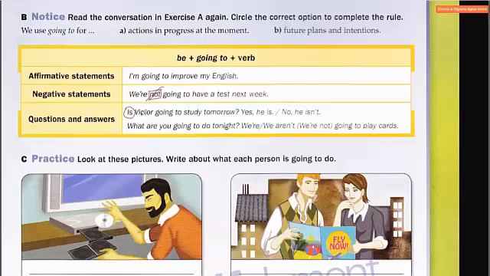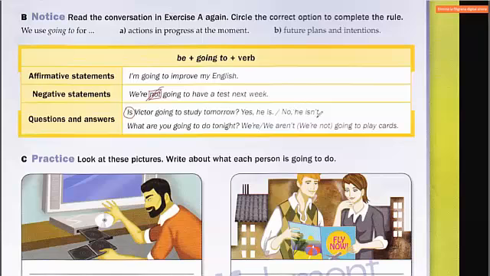Because if you answer this type of question that starts with a verb, you usually say yes or no, okay? For example, the short answer for is Victor going to study tomorrow? In the positive way, it's going to be yes, he is. But in the negative sense, no, he isn't.